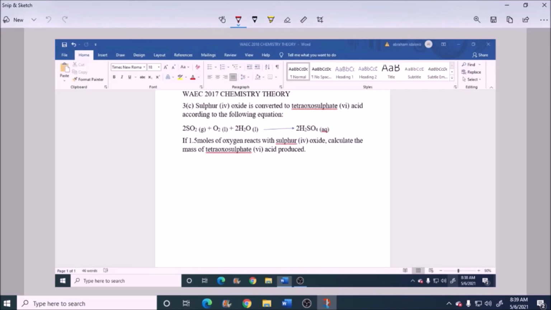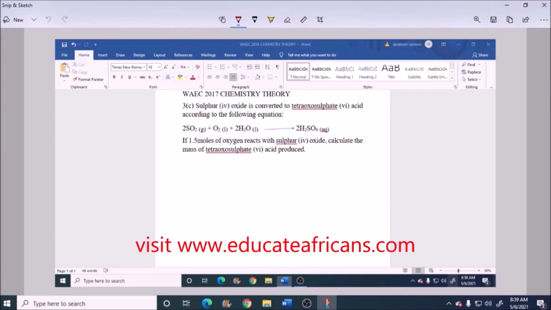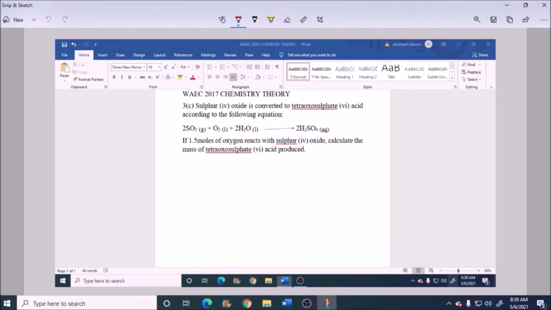We are asked to calculate the mass of tetraoxosulfate(VI) acid produced. The formula is number of moles equals mass over molar mass. Making mass the subject, mass equals number of moles multiplied by molar mass.